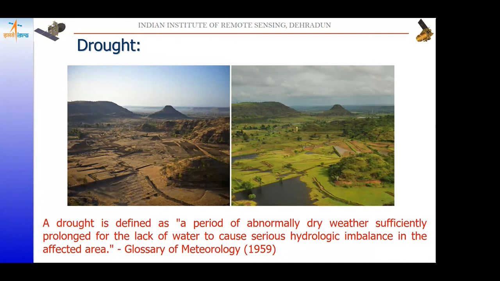By this definition, a period of abnormally dry weather means that if an area is already classified based on its climatic region or zone, like semi-arid or arid, we cannot call it abnormally dry weather, because that area is already classified as an arid or semi-arid condition.